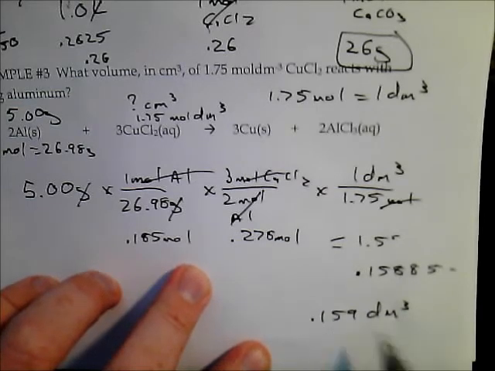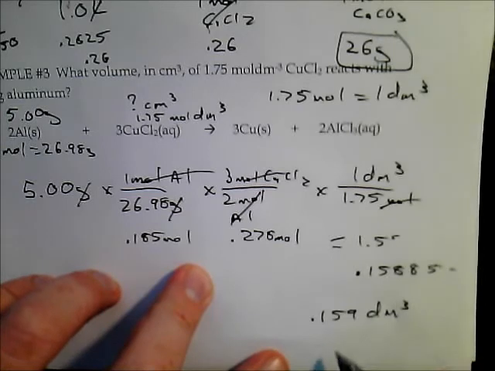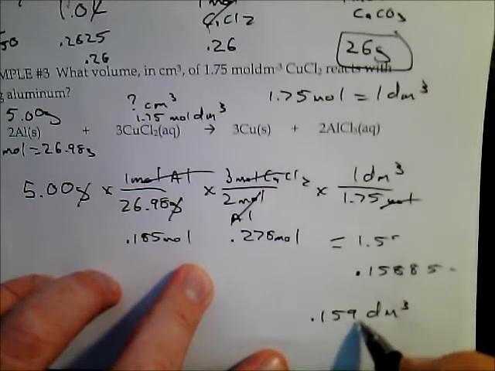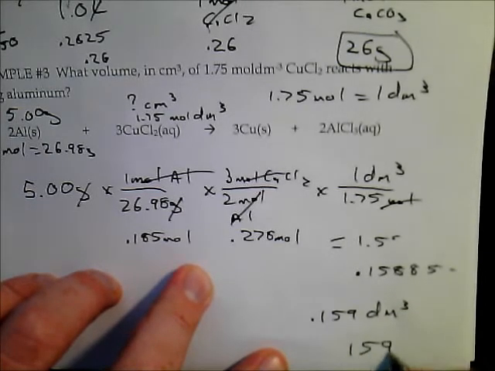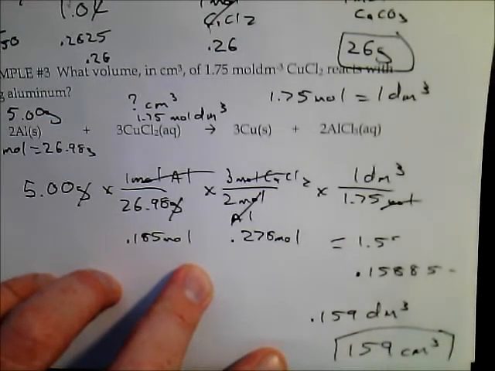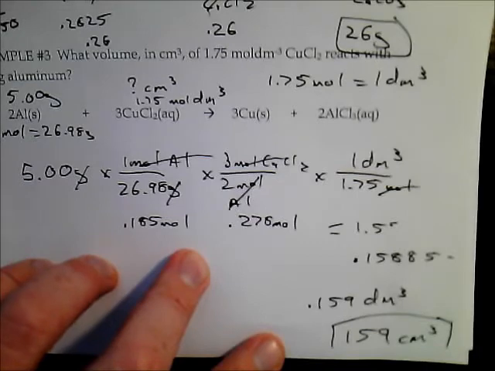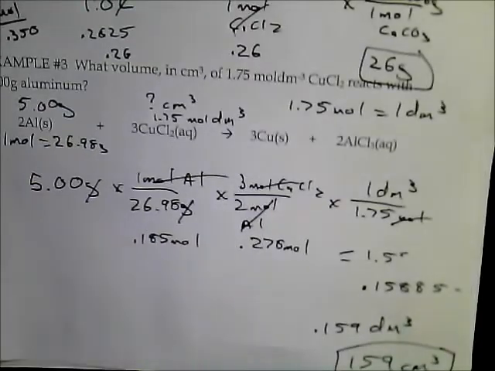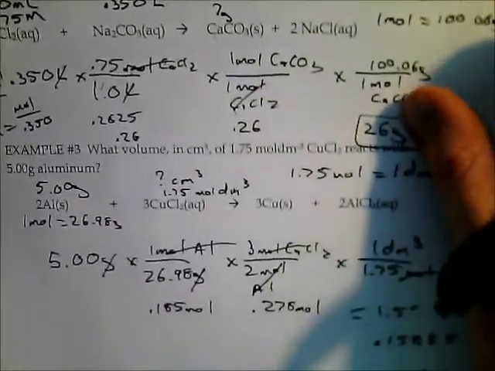It's asking us to turn to milliliters or cubic centimeters. So we move the decimal over 3 spots. So we get 159 cubic centimeters. Okay, so that's all the examples that I'm going to work through for you in detail. I do have one that I'd like you to try.